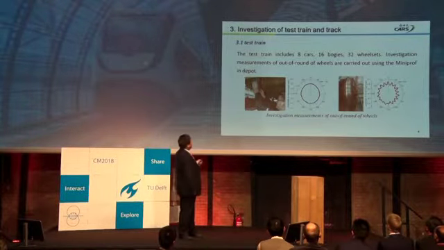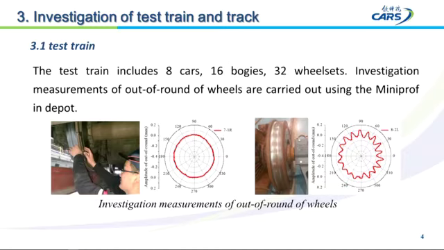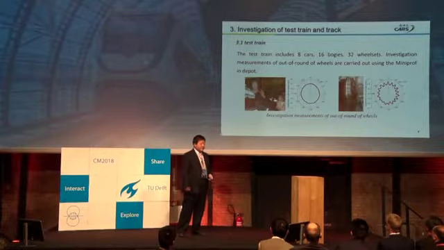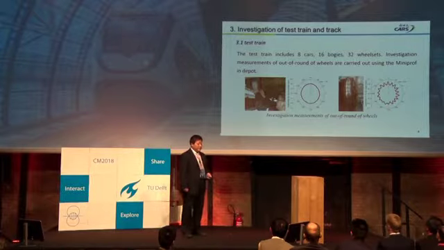The first is the investigation of the test train and track. The test train includes 8 cars, 16 bogies, and 32 wheel sets. Measurements of the out-of-roundness of the wheels were carried out using the Miniprof in the depot.